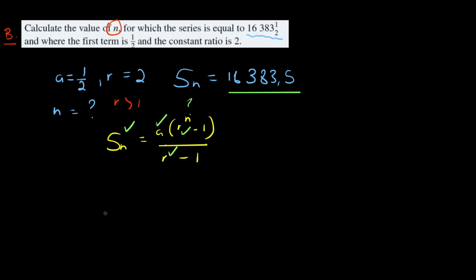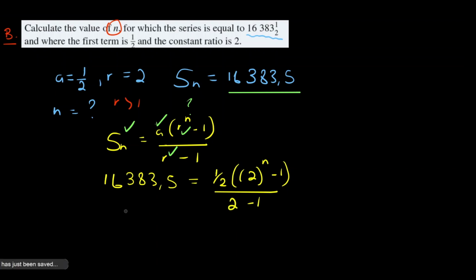Let's go ahead and substitute. We have 16,383.5 is equal to our a value, a half, times 2 to the power of n minus 1, all divided by 2 minus 1. The denominator 2 minus 1 will just give us 1, and we can divide both sides by a half to get rid of that half.